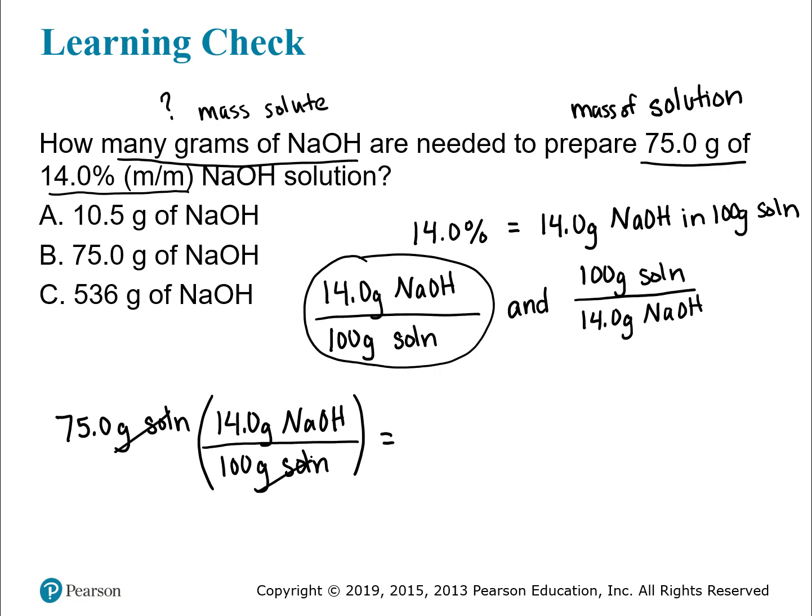Grams of solution cancel, and you're left with grams of sodium hydroxide. When you do the math, don't forget that you're multiplying in your calculator by 75 times 14, then dividing by 100. Don't forget the division, because you will get a very wrong answer. It will be a very big answer, and it will not make sense.